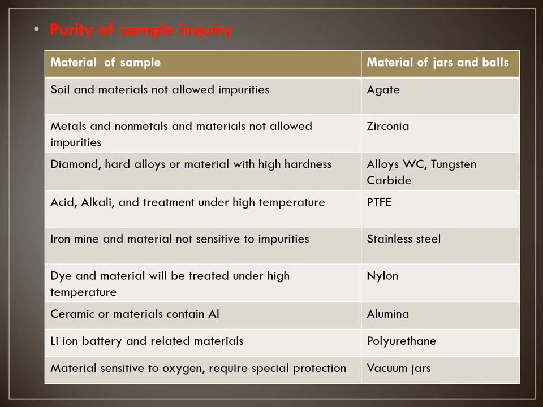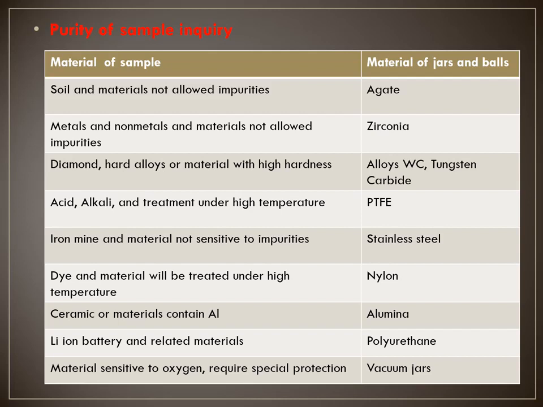Normally, if you don't allow any impurities to come into your sample, agate is the best one. And if the materials don't allow inorganic compounds, you can use polymer jars like PU or nylon.